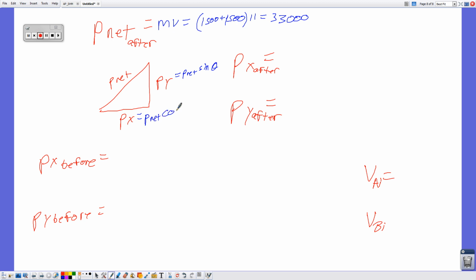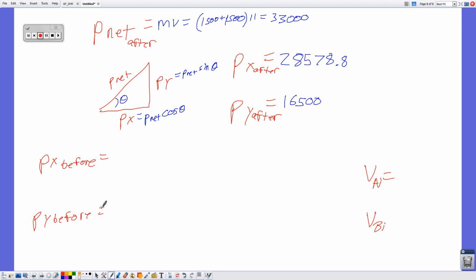So my x momentum after the crash, the x component of this momentum, is going to be that times cosine of theta, equals 28,578.8, where my y momentum, the y component of my momentum after the crash, is going to be 16,500.